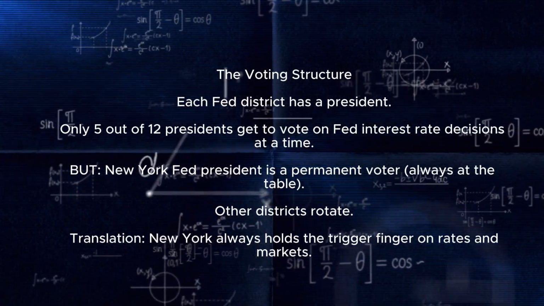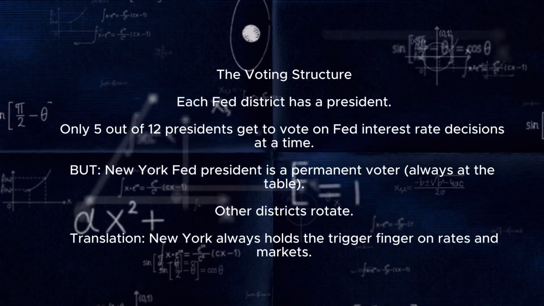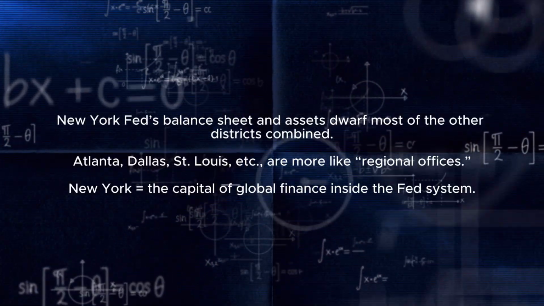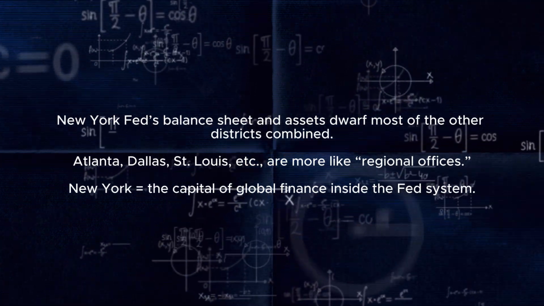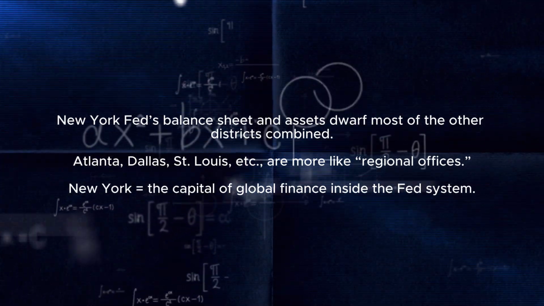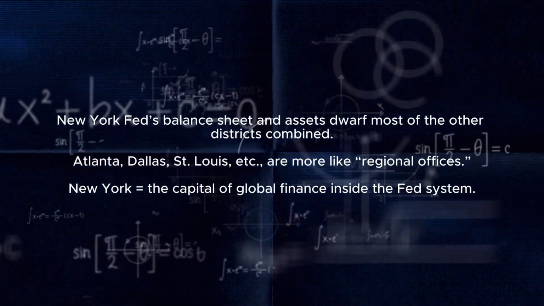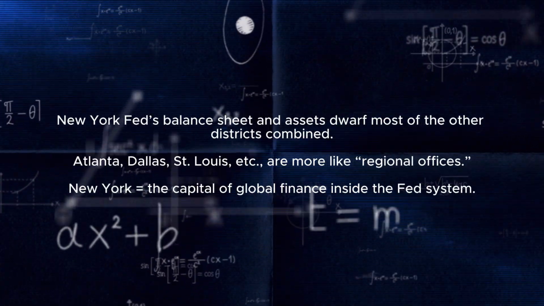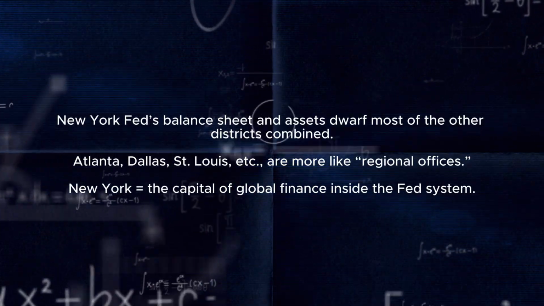Translation: New York always holds the trigger finger on rates and markets. New York Fed's balance sheet and assets dwarf most of the other districts combined. Atlanta, Dallas, St. Louis, etc. are more like regional offices. New York equals the capital of global finance inside the Fed system.